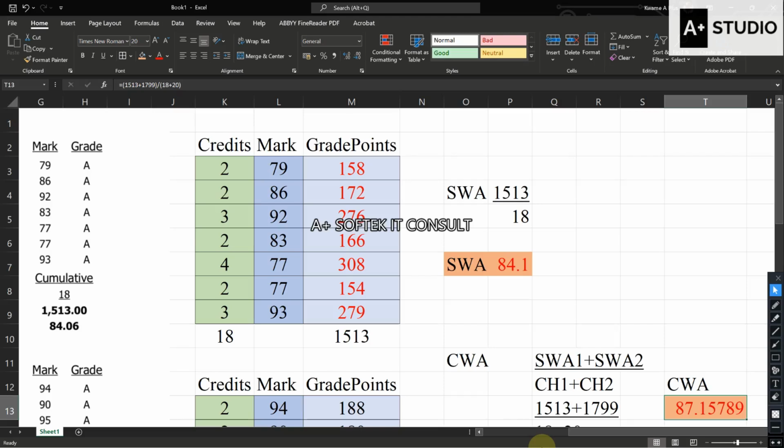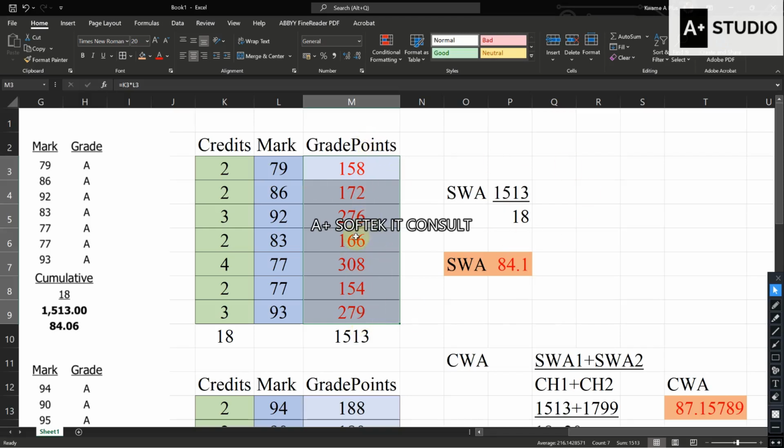We are going to multiply that by your credit hours, and then we are going to get what we call a weight. So we take course 1, course 2, course 3, course 4, we multiply the total score out of the 100, that is from your continuous assessment and then the exams together, by the credit hours, and then we get what we call the weight or the grade point.